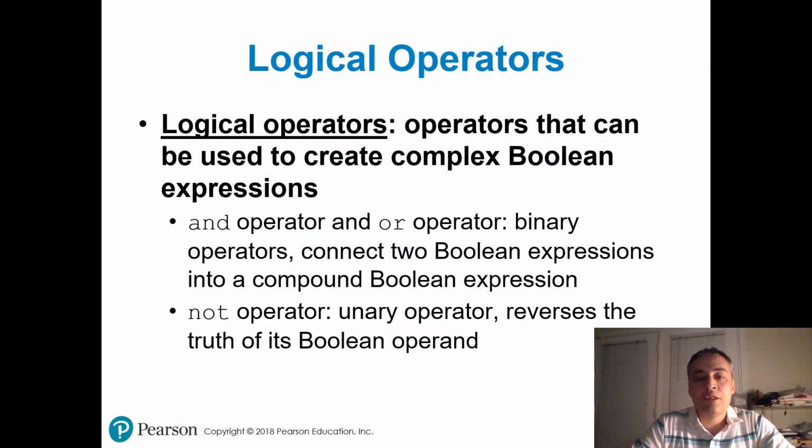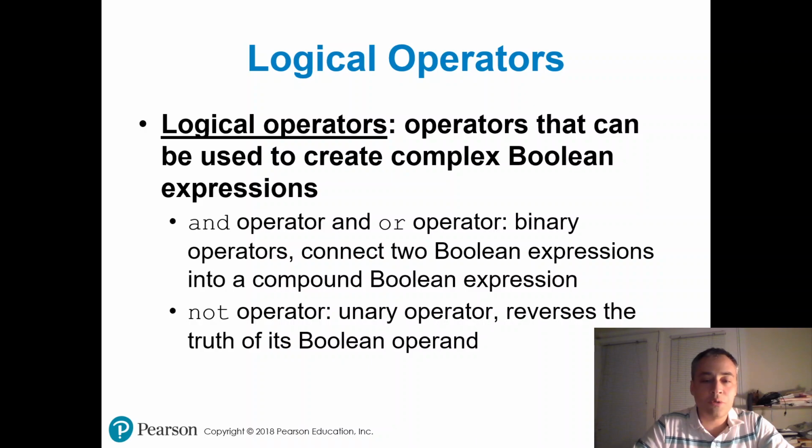And and or connect two simpler Boolean expressions, and not is a unary operator, so it reverses the truth of its Boolean operand. That is something that comes after the not.